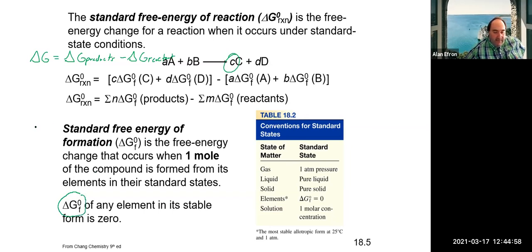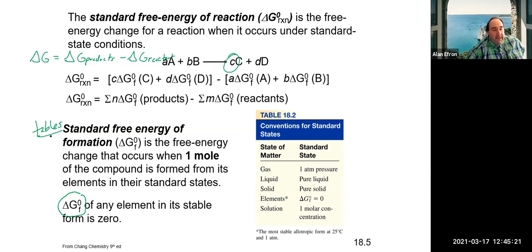These are basically table values, kind of like the delta S values and delta H values you would look up. You would look up these values in a table. And again, just like before, multiply the coefficients times those values, with all the products added together minus all the reactants added together. Just like delta H, the values that you find in the table will probably be in kilojoules.